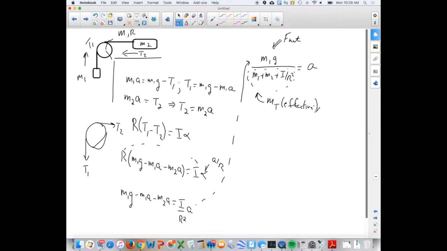Again, if I substitute in the value for a disk, this looks like M1G over (M1 plus M2 plus 1/2 what we'll call big M) is equal to the acceleration. So when I add a pulley that has both mass and a radius, the only impact is that I have to account for the force or the torque that makes it accelerate.